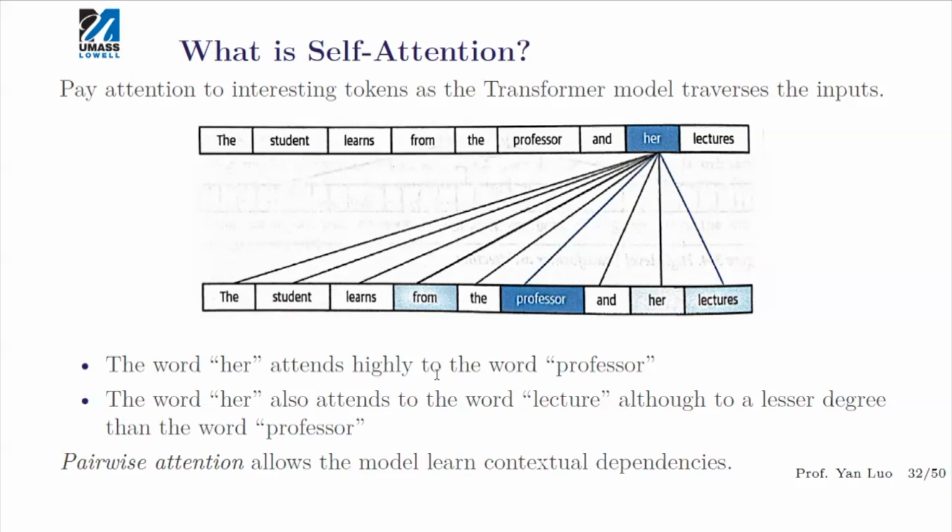Let's hypothetically think that this input sequence is now tokenized, and we have these tokens: The student learns from the professor and her lectures. So these are individual tokens.